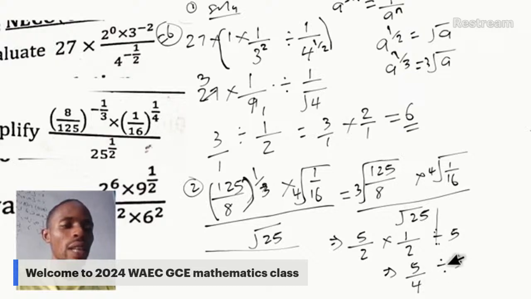So now we have the division here. We have to change the division to multiplication. This one is in fraction, so let's introduce 1 over into this to make this one also a fraction, and then you change this division to multiplication.